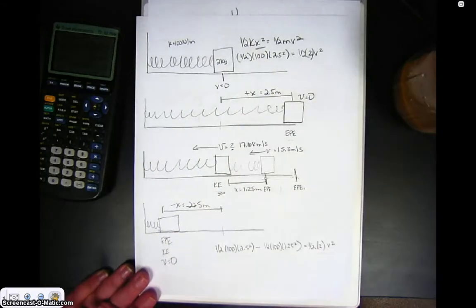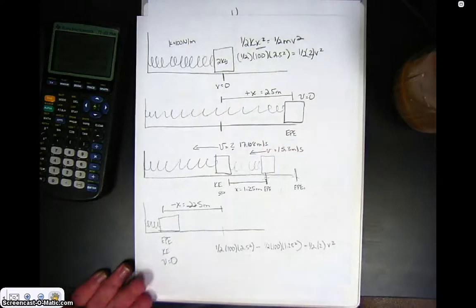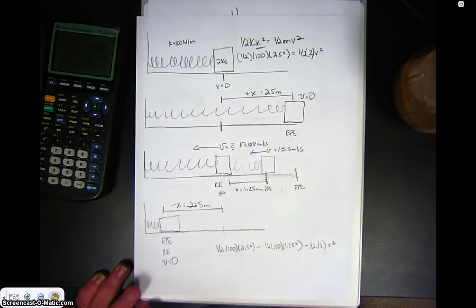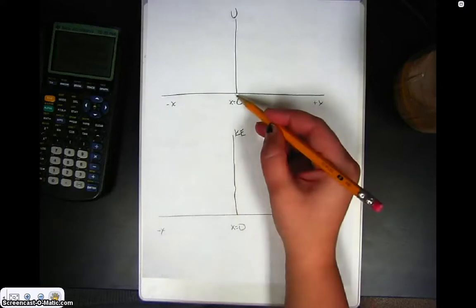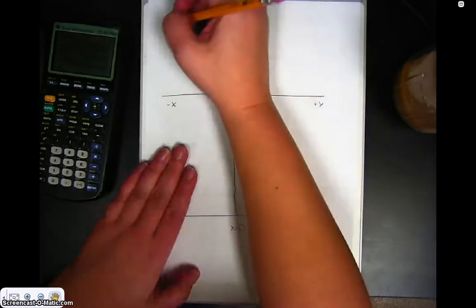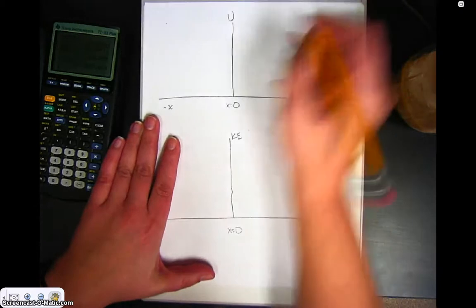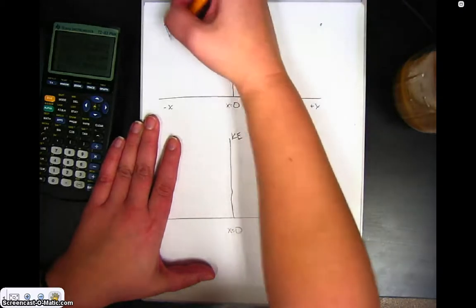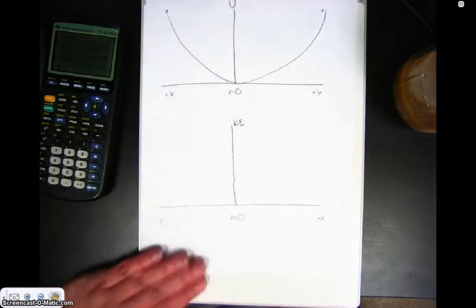So our function is going to look parabolic. And if we look here where x equals 0, we know that's where the elastic potential energy is equal to 0. So the graph for elastic potential energy should look something like this. It's maximum, it's the highest at our plus x and minus x, and it goes all the way down to 0, and it looks like a parabola.